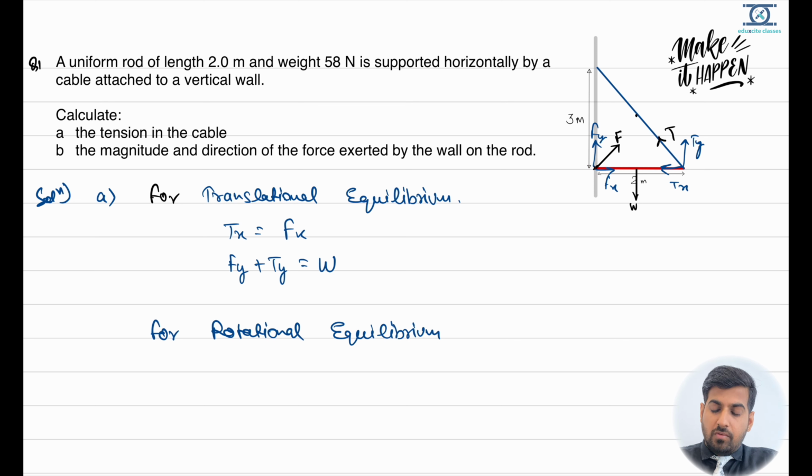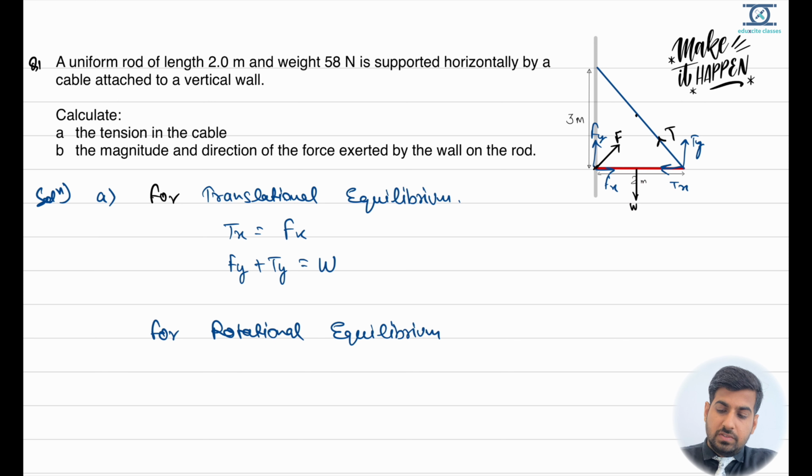Now if I want to find out the moments, the forces which I need are one, the weight, and one, my tension Ty, because this will be anti-clockwise and this will be clockwise.